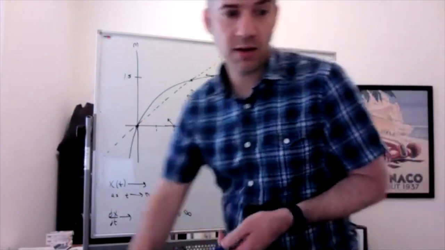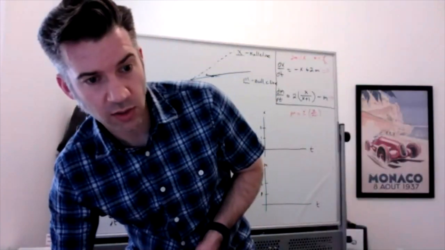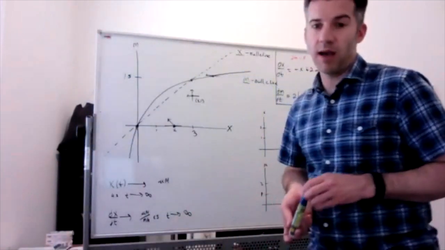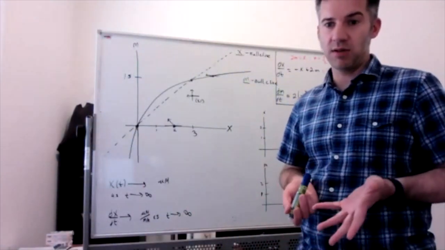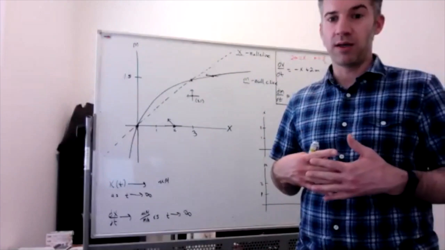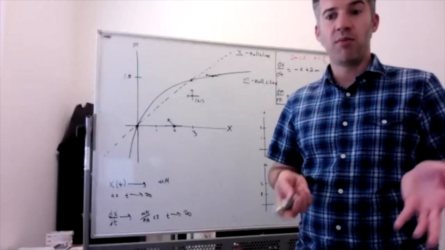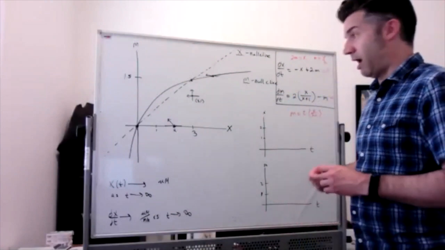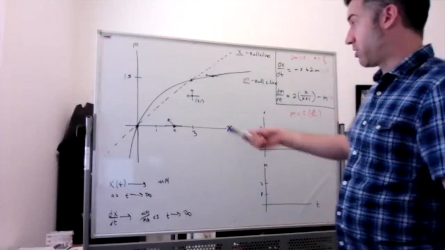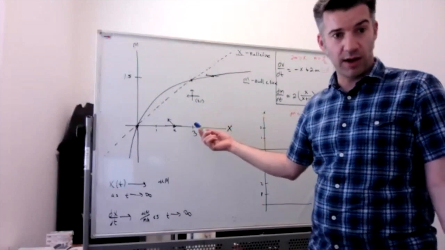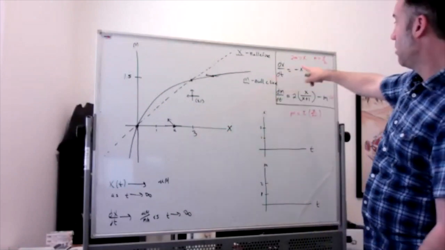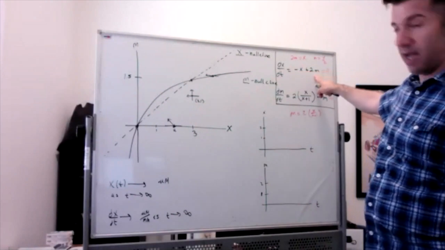Then we do want to indicate the regions where M and X are increasing or decreasing by drawing arrows pointing in the directions of the flow, briefly justifying your answers using test points. I already found one test point: the point (3, 1), where X is 3 and M is 1. If X is 3 and M is 1, we get negative 3 plus 2, which is a negative number.